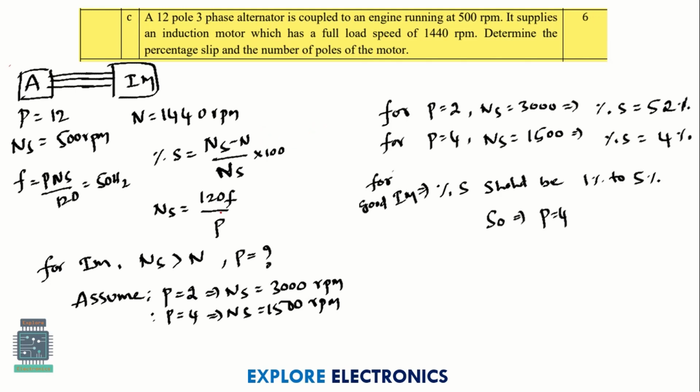Okay, in this problem here they have not given the value of P. So if they have not given, you need to assume any value for P. If the condition is satisfied, the percentage slip should be 1% to 5%. So you need to assume and then calculate. Here you can see for P equal to 4, it is satisfying. So I am taking the poles of the motor as 4.